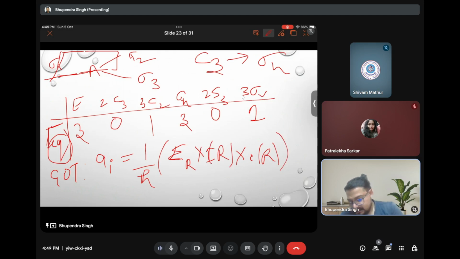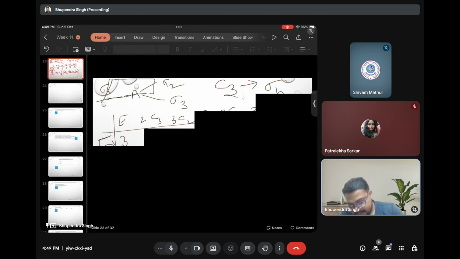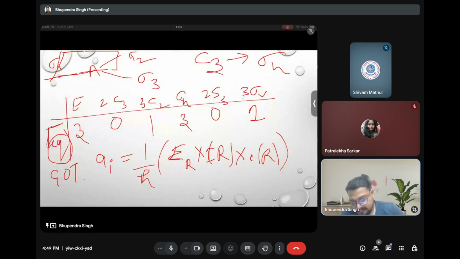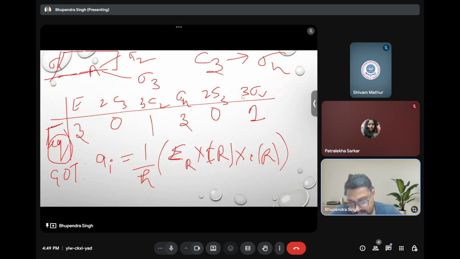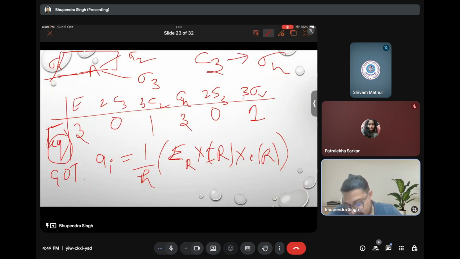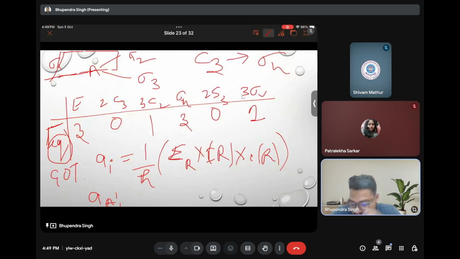So according to this formula, you need to first find out what is A1 dash, that is, how much is the contribution of A1 dash in the reducible representation.